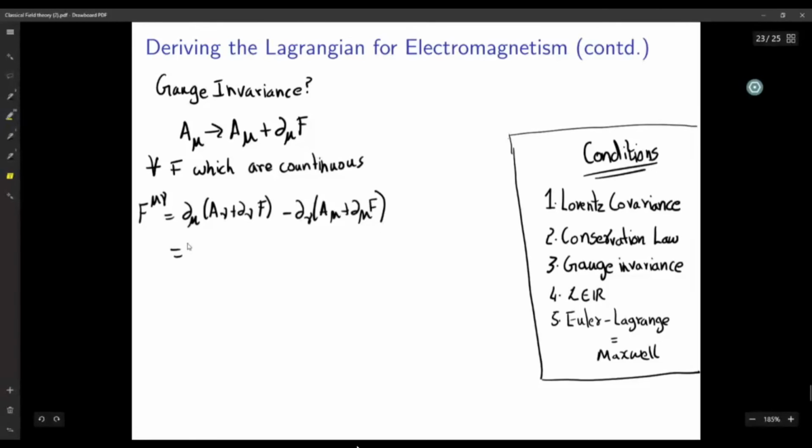And if I just write this out, it would just become dou mu A nu plus dou mu dou nu f, and there would be a minus here as well.